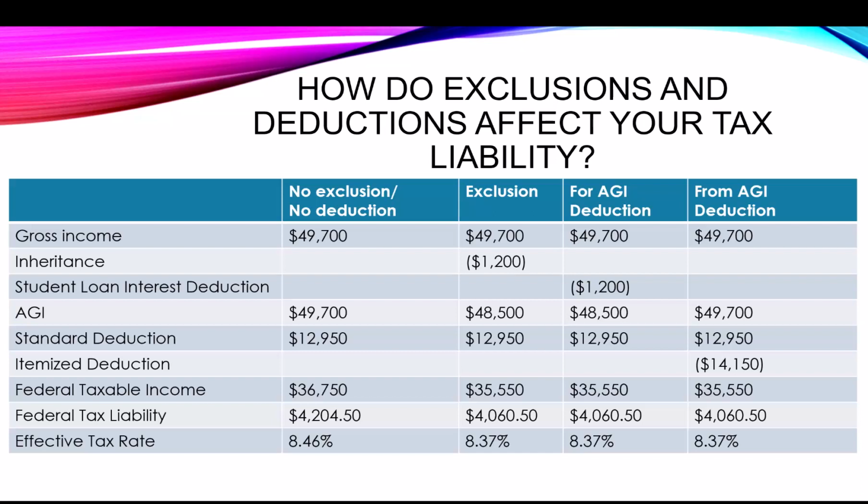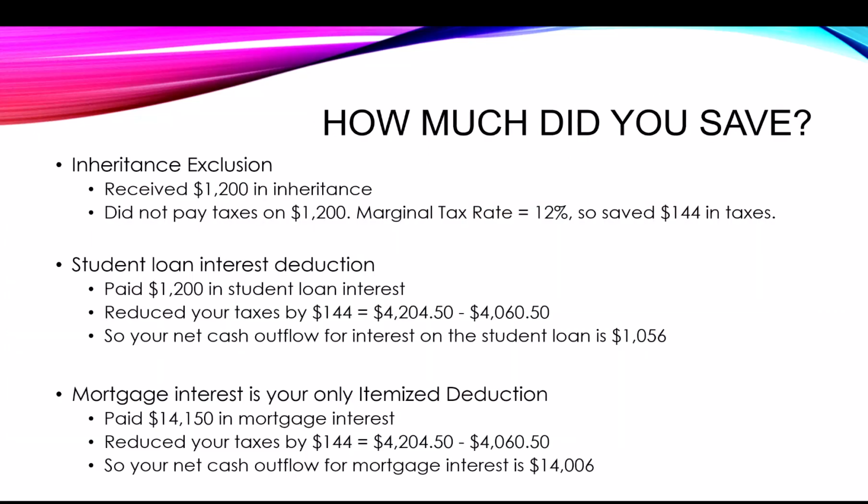The difference between these two is $1,200. So his federal taxable income is still $35,550. And his federal tax liability and effective tax rate will be the same as if he had received an exclusion or a for AGI deduction. In all cases, we can see that Amani has saved $144.